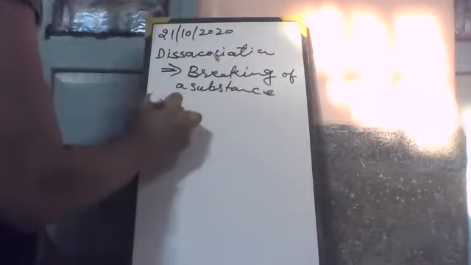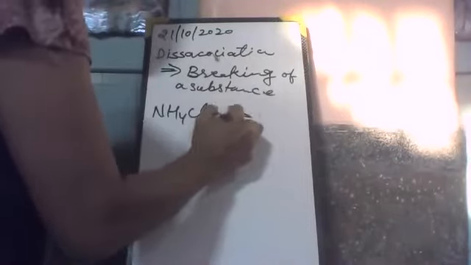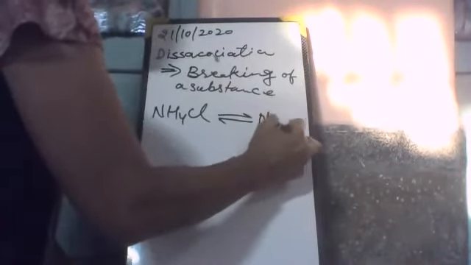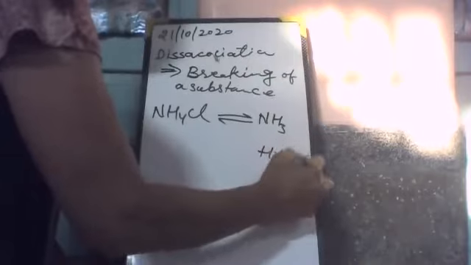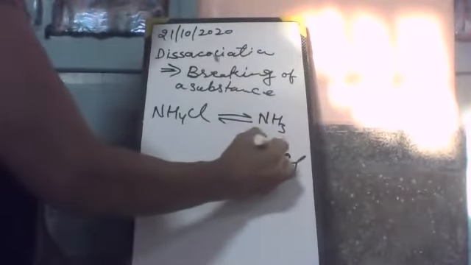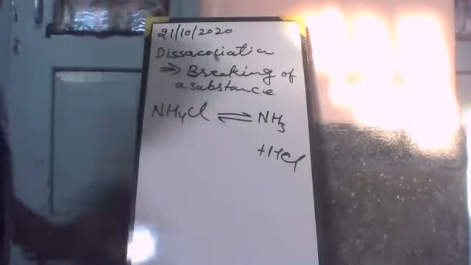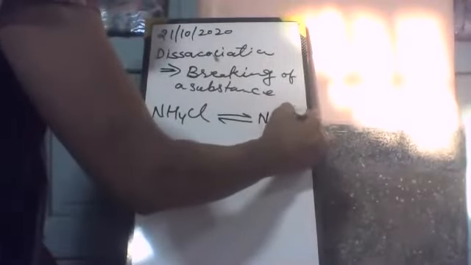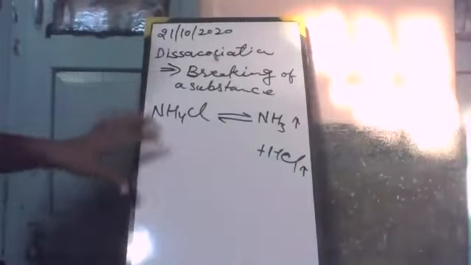Here the example is NH4Cl. Ammonium chloride breaks down into NH3 and HCl, ammonia and hydrochloric acid. And these both are gases and they spread into whatever the container is.